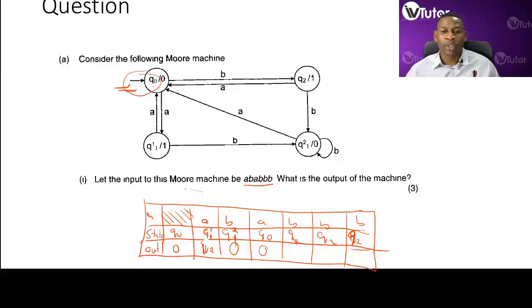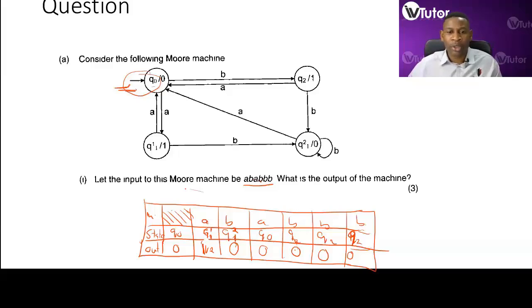Then the triple B: if you're in Q2 and you encounter B, you stay in Q2, with an output of 0.